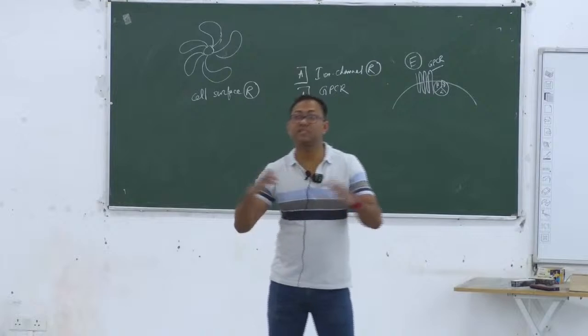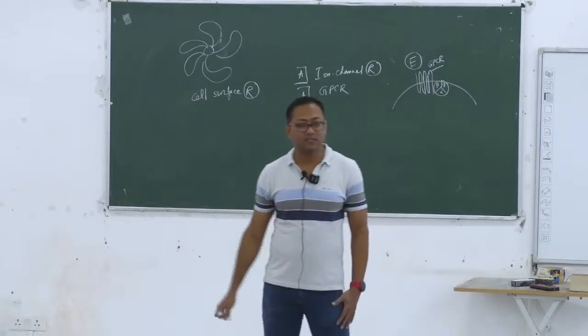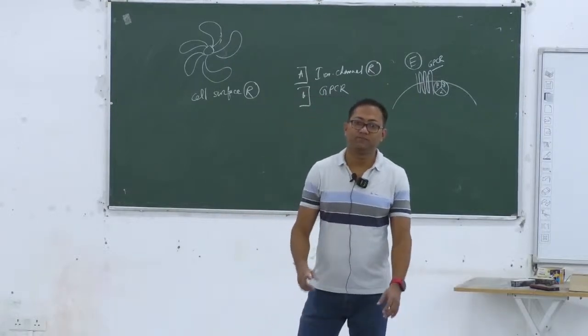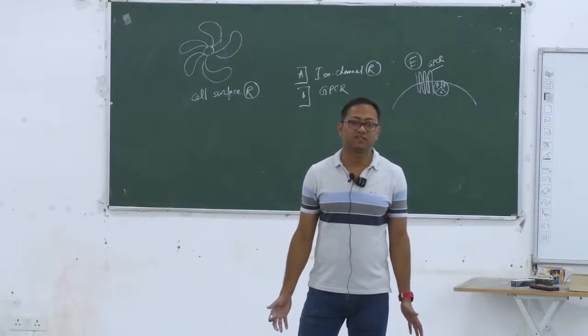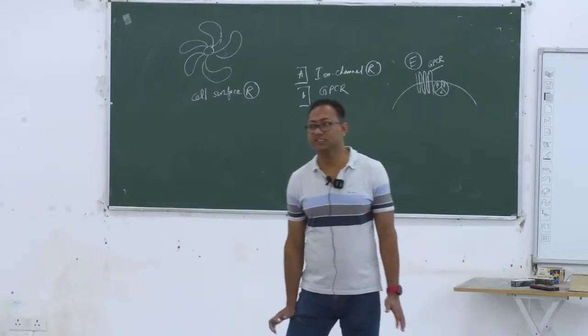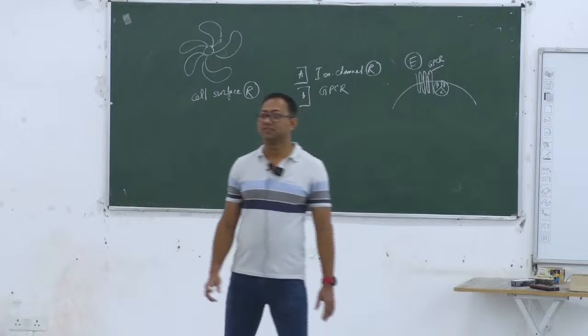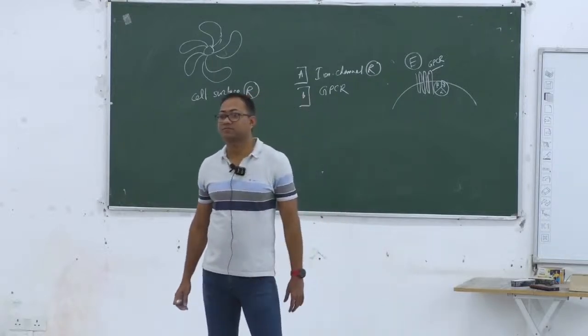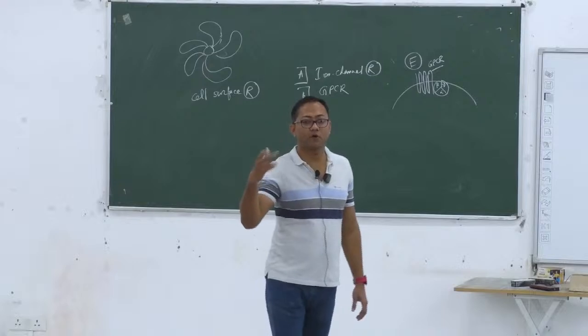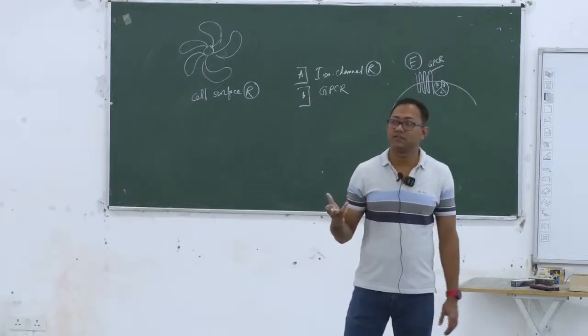Alpha subunit will separate from beta gamma. Now next, what will happen? One enzyme is activated. What is that enzyme?